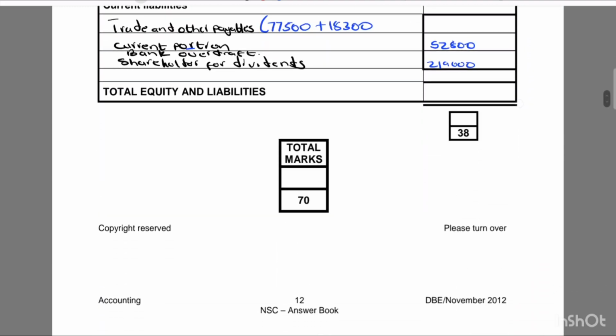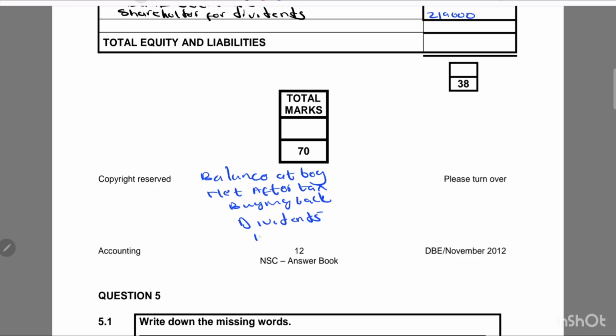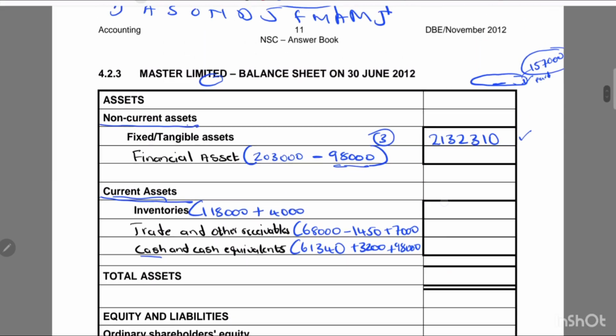And then remember your format for the retained income: it's going to be balance at the beginning, then net after tax, then buying back, then dividends, which is divided into two: we have the interim and the final dividends. Now we have the balance at the beginning, which is 39,000, and the net after tax. Now we can go and check our information.